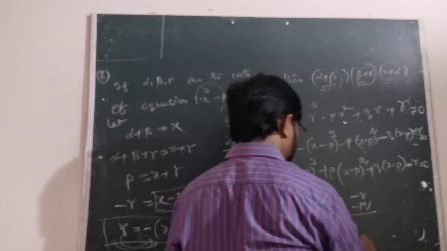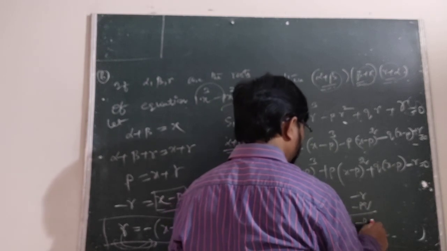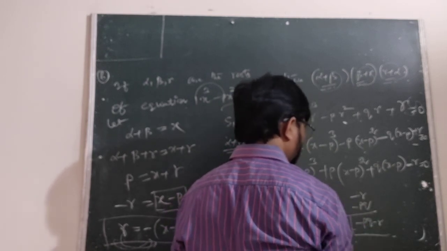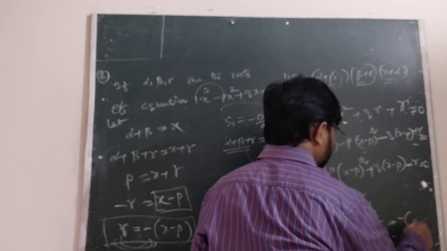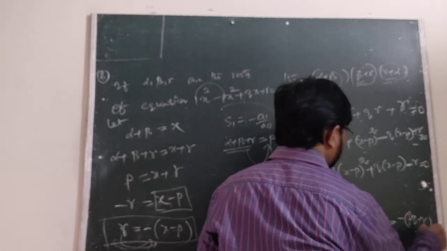Therefore the constant is minus pq minus r, which is written as minus of (pq plus r).